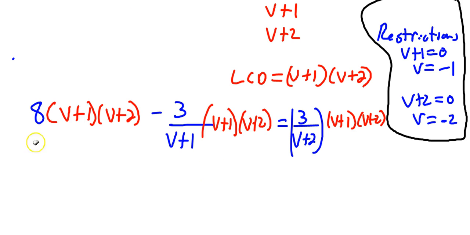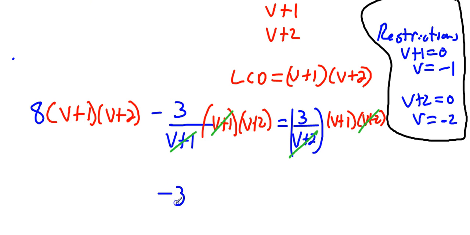Okay, so taking the 8 minus 3 over v plus 1 equal to 3 over v plus 2, multiplying every single term by the least common denominator, and work it out and see. And again, this fraction, that v plus 1 cancels that v plus 1. That v plus 2 cancels that v plus 2.